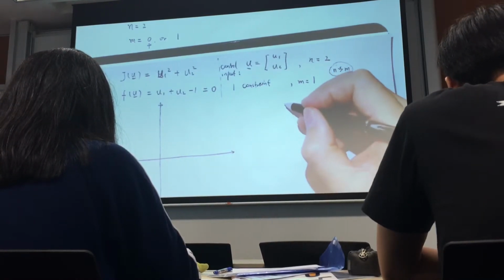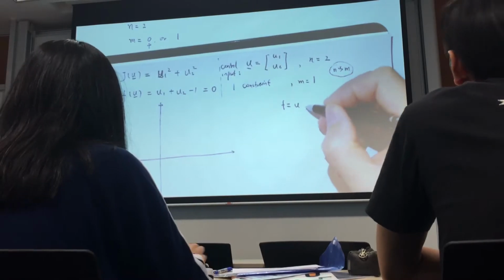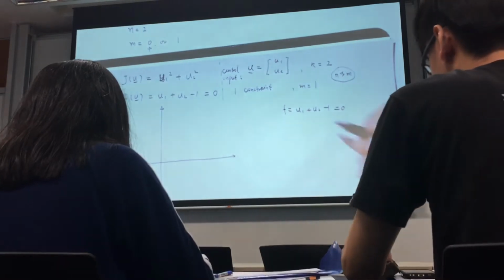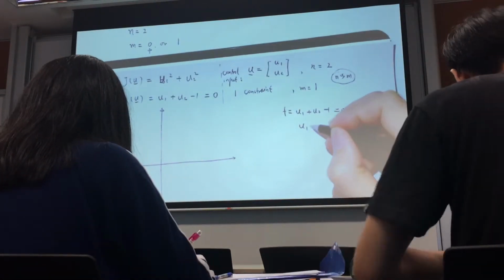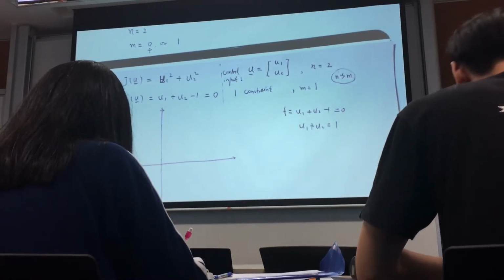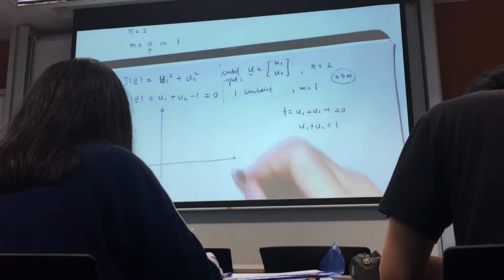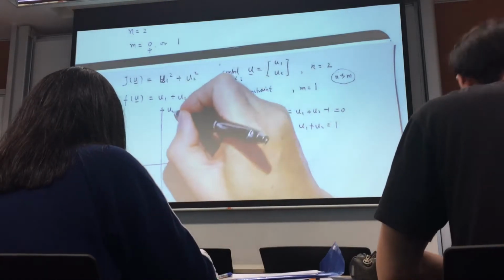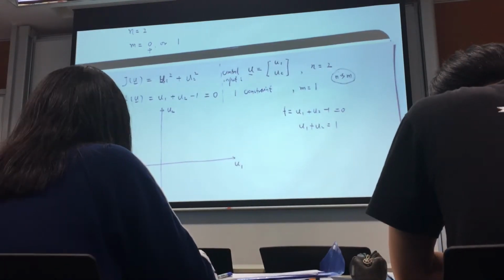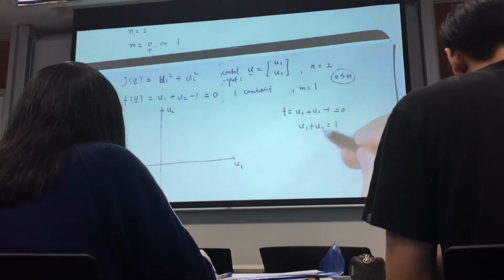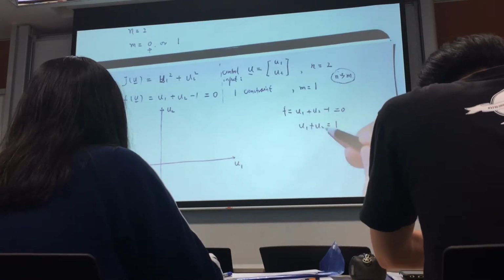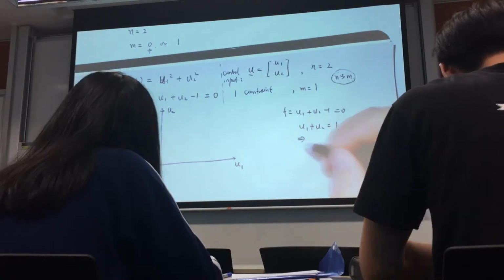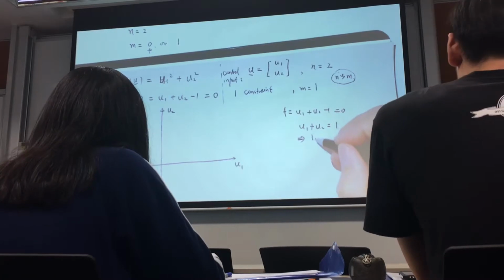We have F equal to U1 plus U2 minus 1 equal to 0, which is U1 plus U2 equal to 1. If we plot this in the plane of U1 and U2, it's a linear relationship between U1 and U2, so it will be a line.